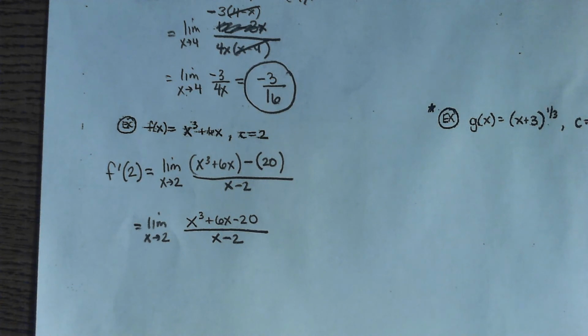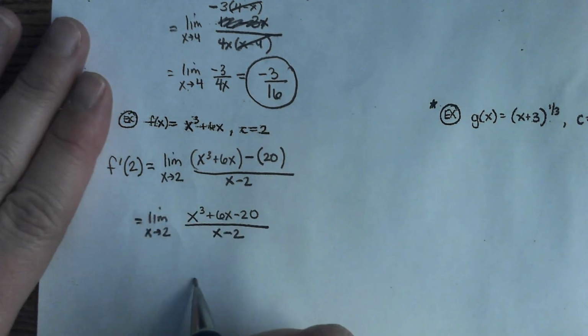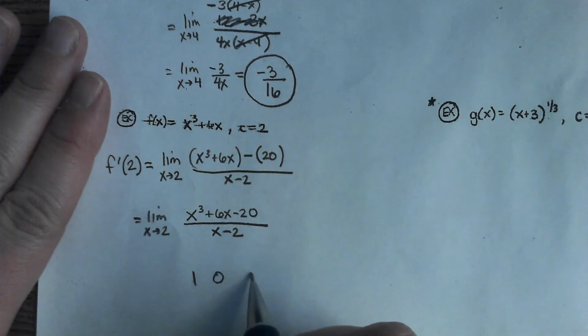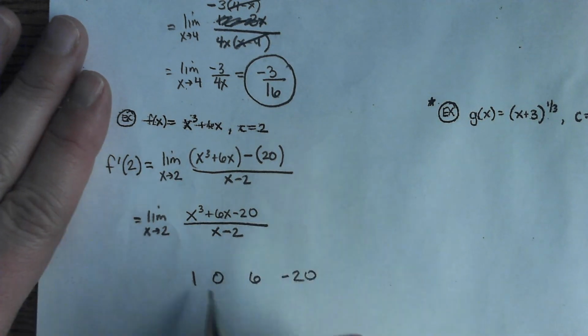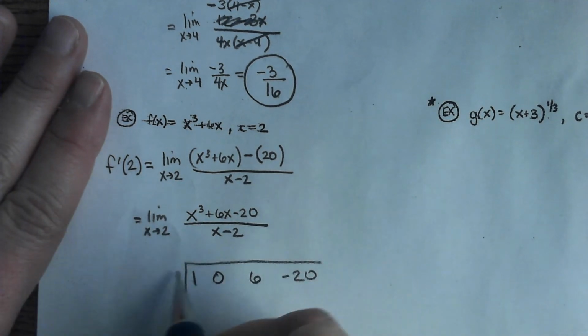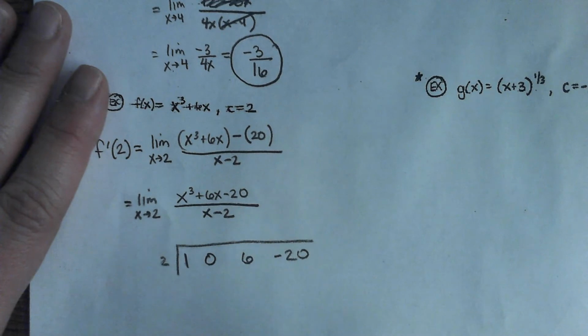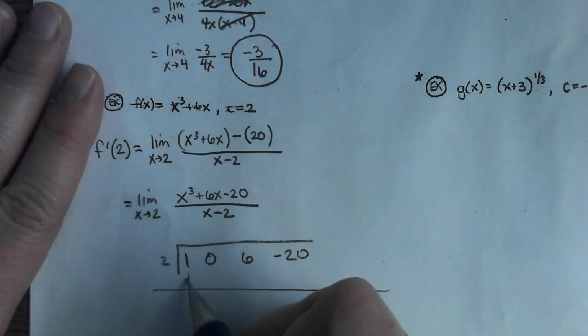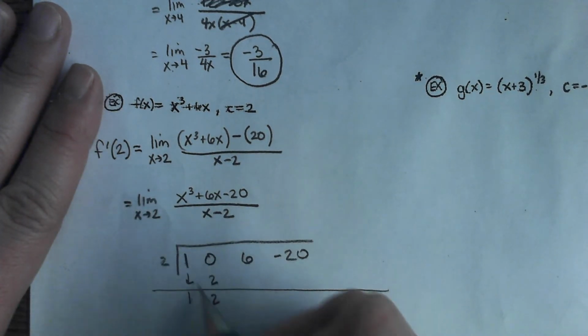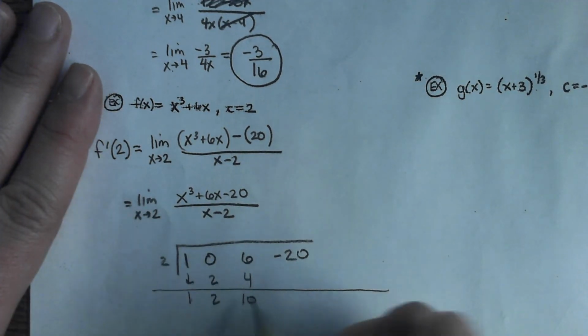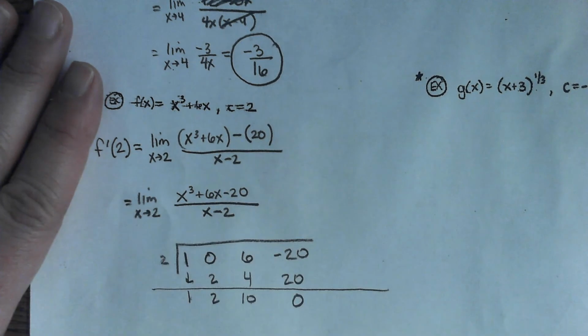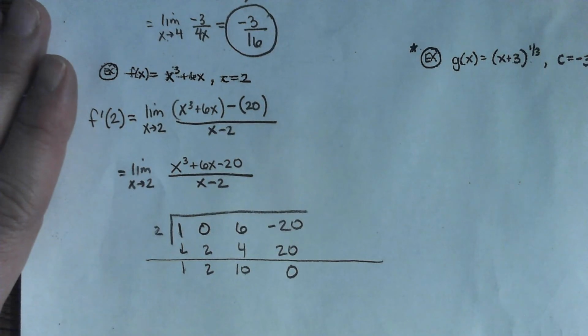If I do long division, or I can do synthetic here, 1x cubed, 0x squared, 6x, and negative 20. And I can divide out 2 and see what happens. So does x minus 2 go into that evenly?